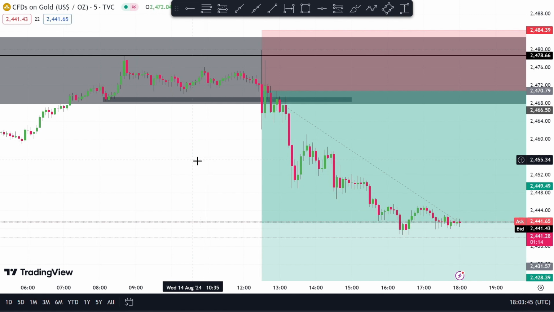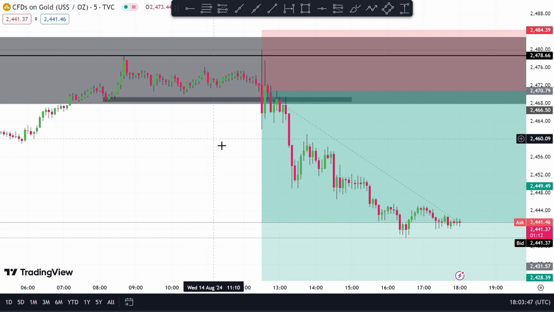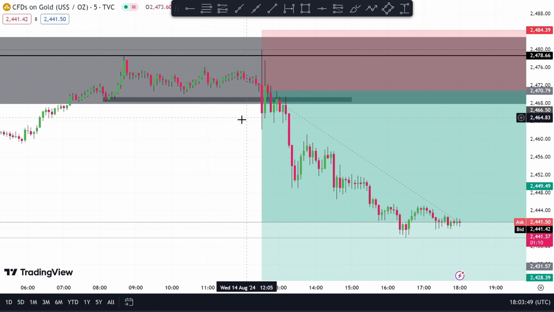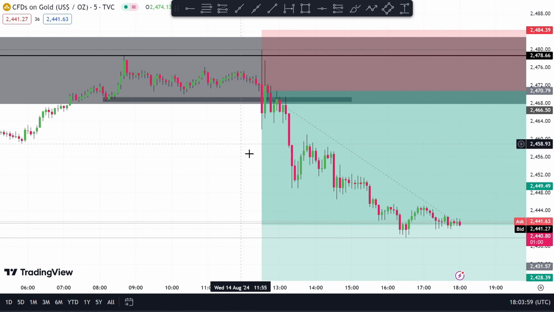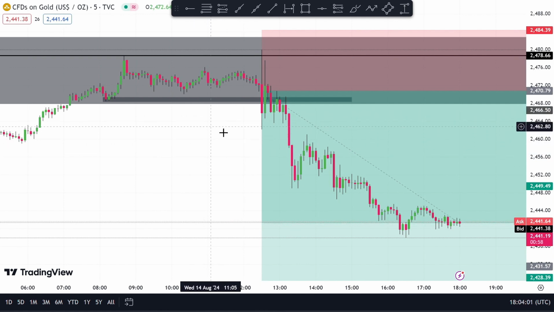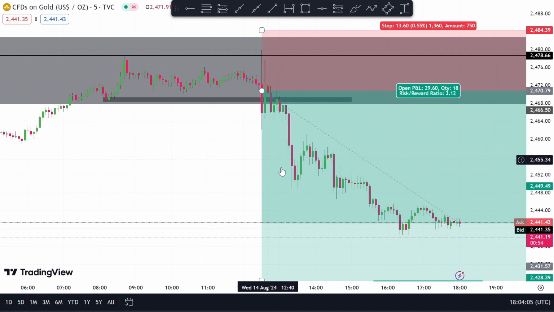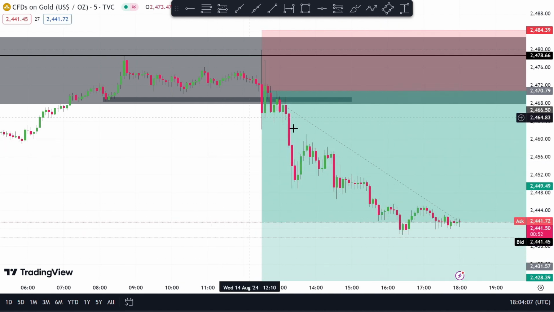So I set and forget. Now the reason why this setup played out real quick is because this is gold. Gold is so volatile. If this was a currency pair, this would probably take 4 days or 5 or even 1 week to play out, but you can see it playing out perfectly well.